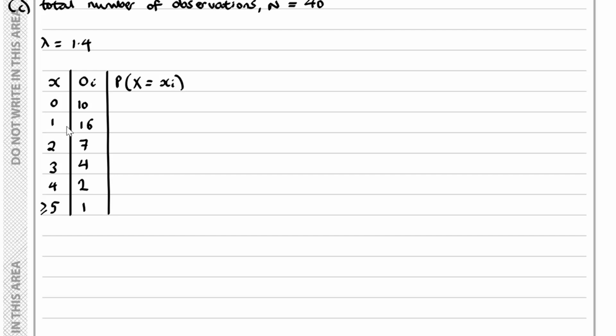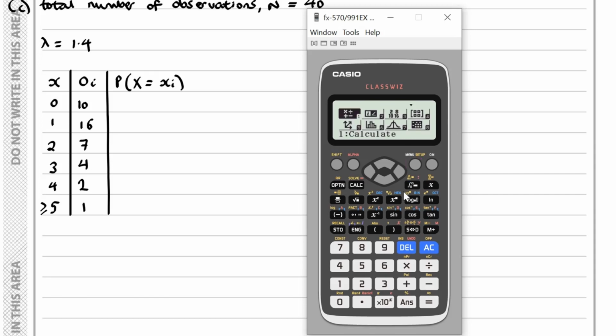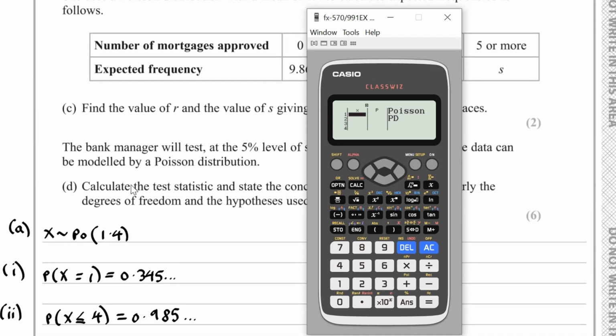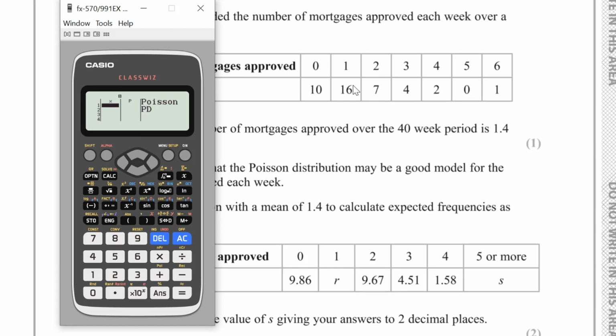Okay, so we can do this on our calculator. It's quite a straightforward thing to do. So go to the distribution section. We have a Poisson PD list. The first thing I recommend you do is look at the original table over here.